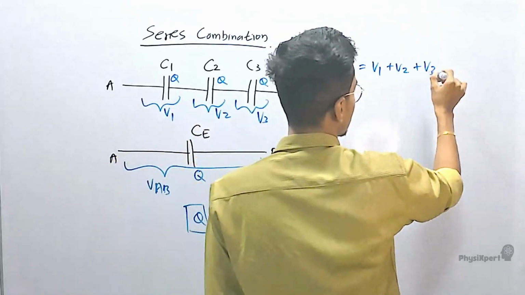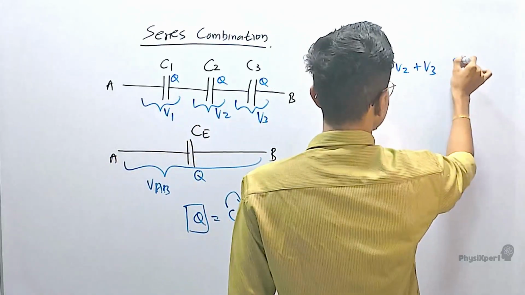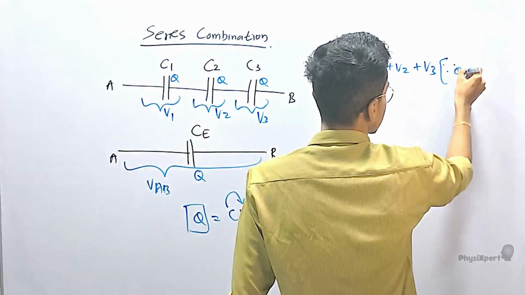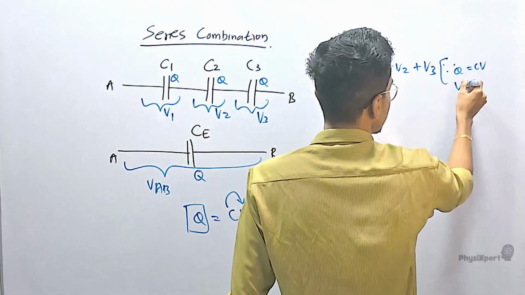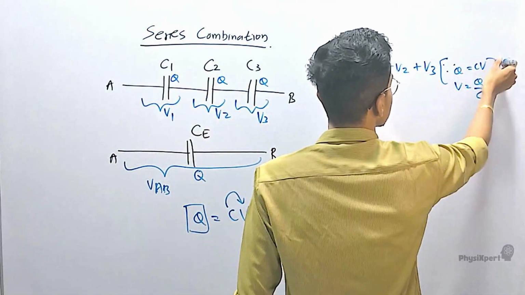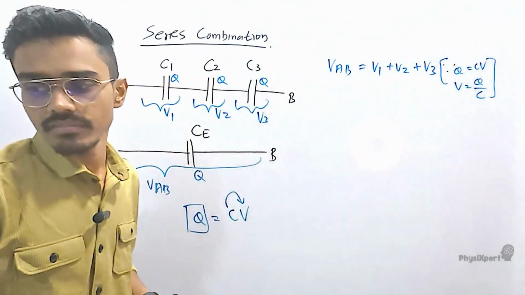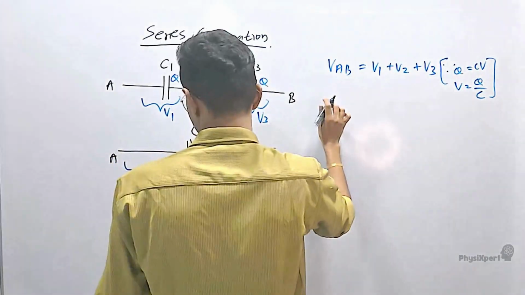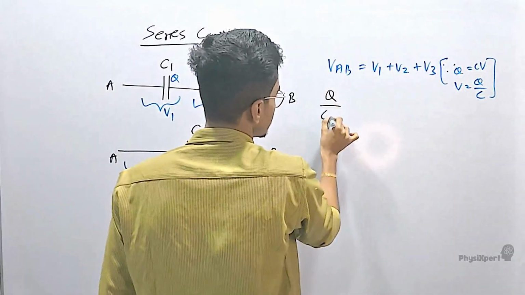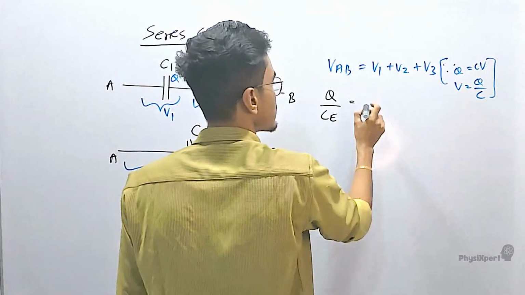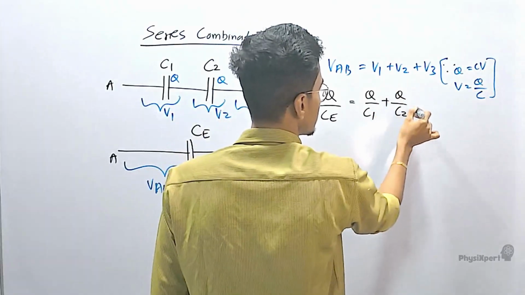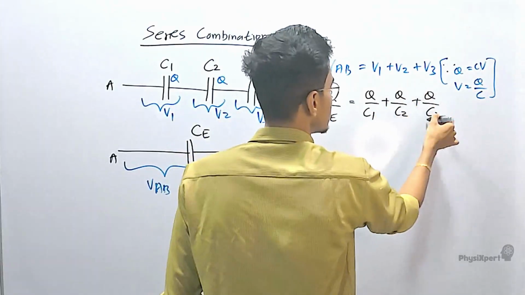According to the equation Q equals CV, V is Q over C. Then VAB can be written as Q over CE, V1 as Q over C1, V2 as Q over C2, and V3 as Q over C3.